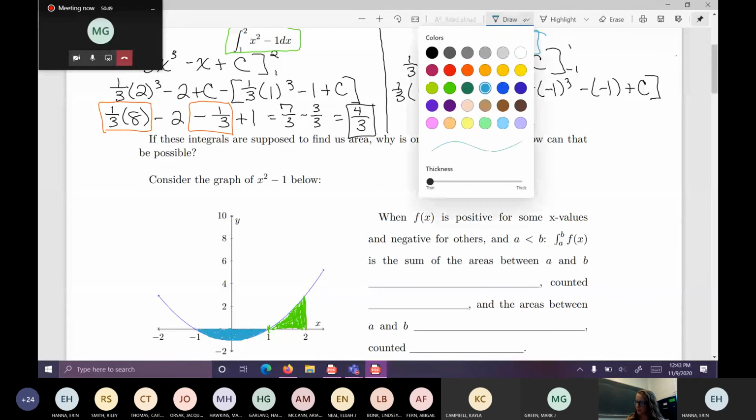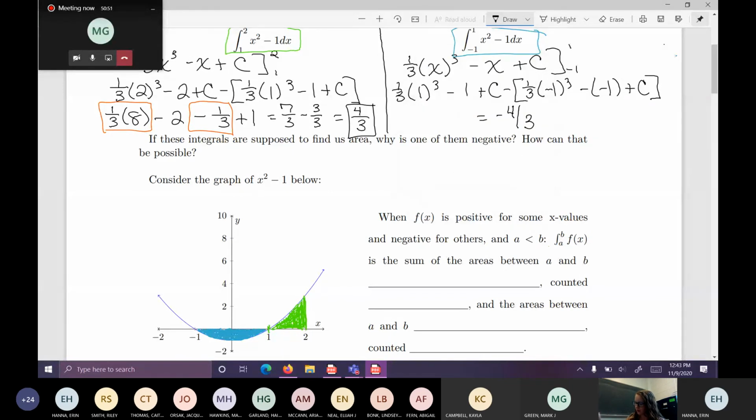So essentially what happens is when the function is positive for some x values and negative for others, say we have a is less than b to just make the balance make sense. Oops, I didn't put a dx on here. So the integral from a to b of f of x dx is going to be the sum of the areas between a and b.